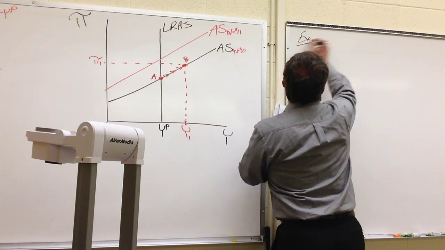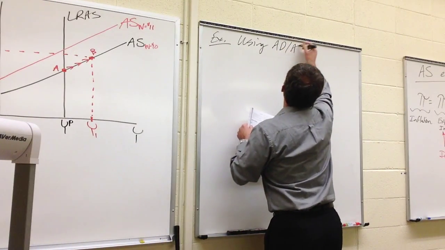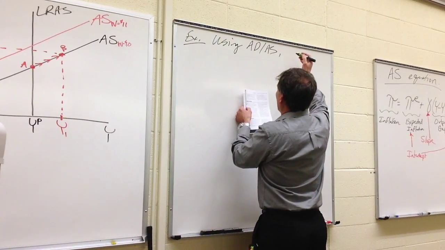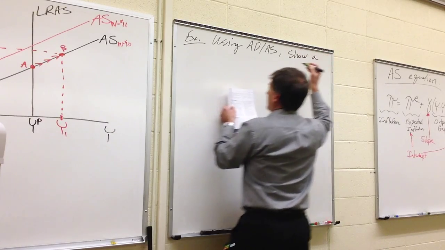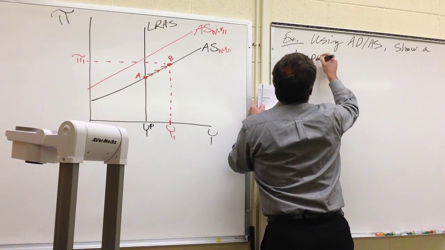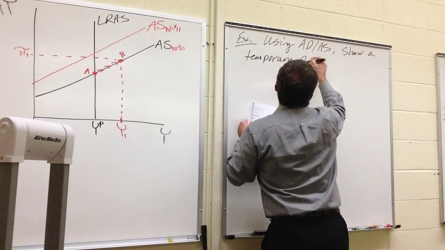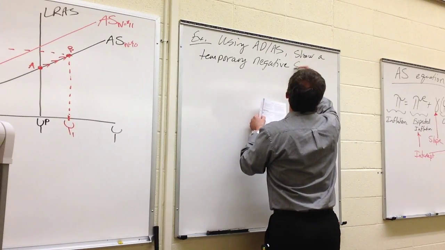So, example. Using aggregate demand, aggregate supply, show a temporary negative supply shock.